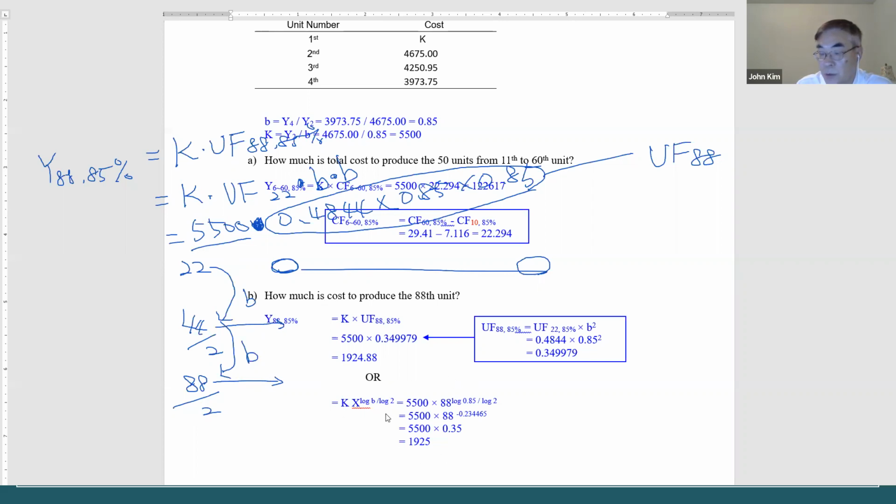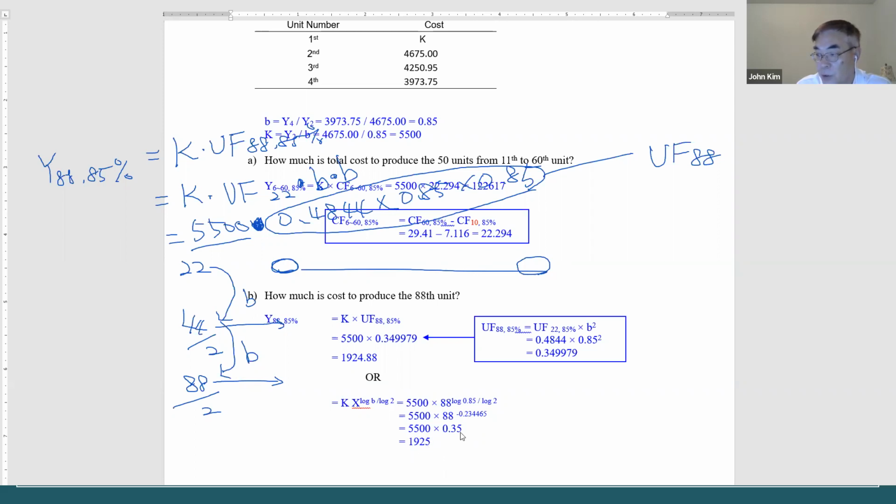If you don't understand this concept, when it's doubled, times B, then use the logarithmic learning curve formula: K times 5,500 times 88 unit number, then log 0.85 B divided by log 2, that is negative 0.234465 power, then that is 0.35 approximately, so 1925.